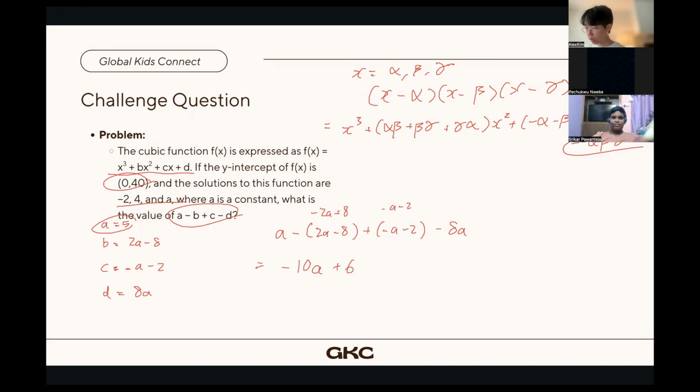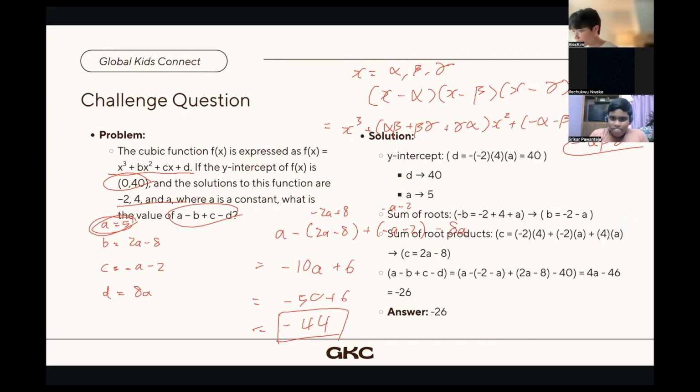And so if we go through and plug in a equal to positive 5, then we get negative 50 plus 6, or a value of negative 44. I was just slightly confused because it was different to the solution that I did previously, and I'm just trying to find out where I made a mistake.